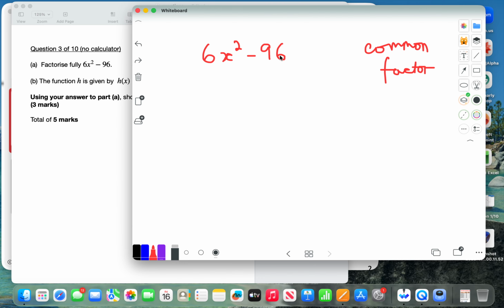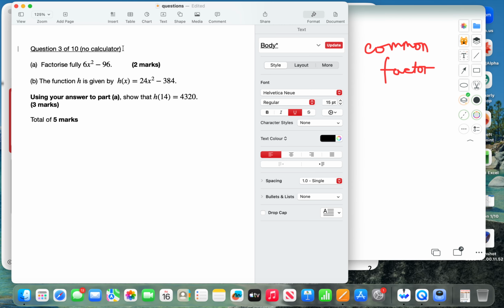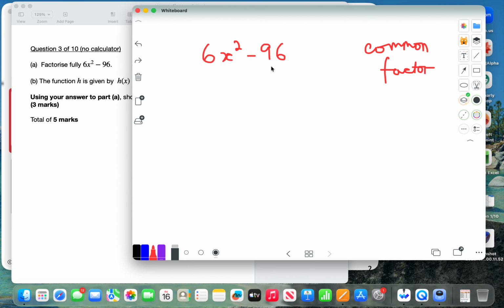So 6 and 96. Think, what's the highest common factor of 6 and 96? You don't have access to a calculator in this question, so you're going to have to do a bit of mental or written arithmetic. Well, 96 is equal to 6 times 16, so 6 would be the highest common factor.